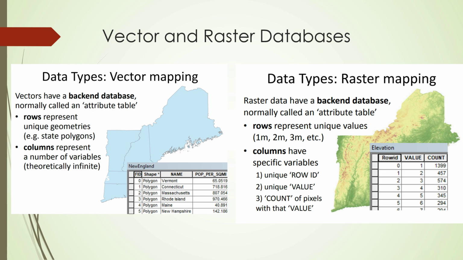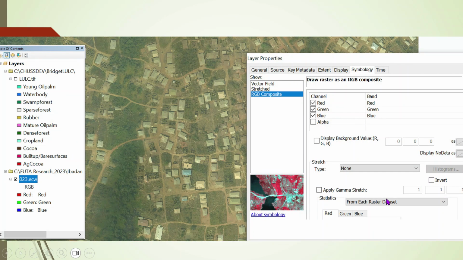So raster data also contains both the spatial and the attribute data. These are the two types of data we have there. What we have here are rows that correspond to each pixel, just as the polygons of the local governments are represented in the table attached to them. So these are raster.